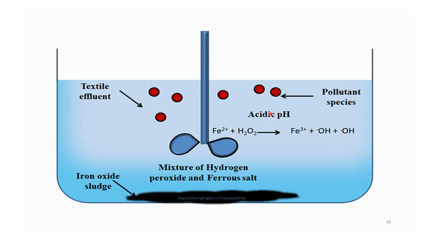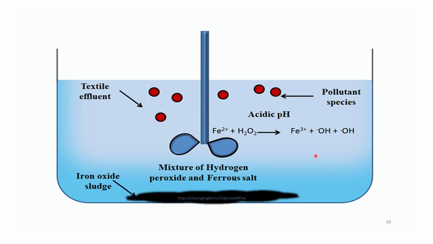That's the figure, and you can see the textile effluent and these are the pollutant species. That's your water body, with the textile effluent coming into it, and these red dots are pollutant species. Now you're putting a mixture of hydrogen peroxide and ferrous salt into it. Via the Fenton reaction, hydrogen peroxide oxidizes Fe2+ to Fe3+, creating hydroxyl anion and hydroxyl radical.